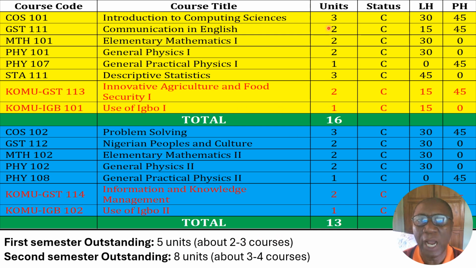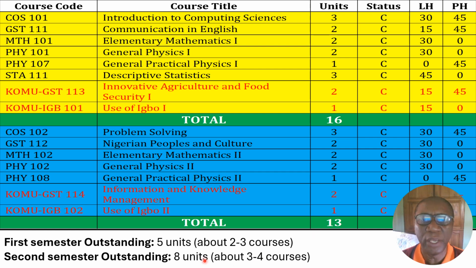By the time you add these two and subtract from what you are projecting, you determine the outstanding number of units, and once you do, you have automatically also determined the outstanding number of courses. So the fourth step is to add these outstanding courses, so that we will have 20, 21, or 22 units in this place.